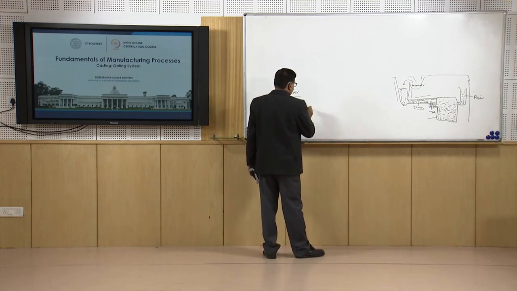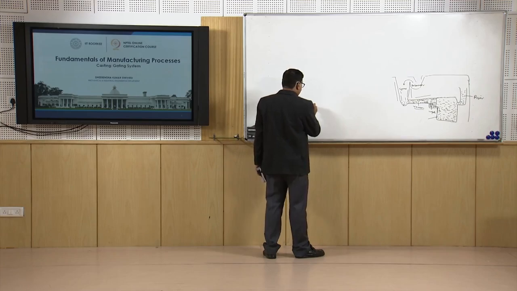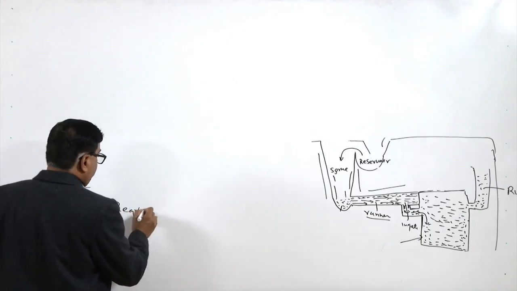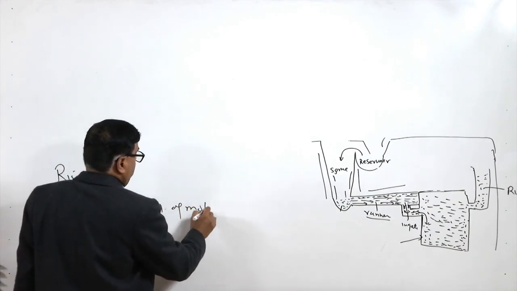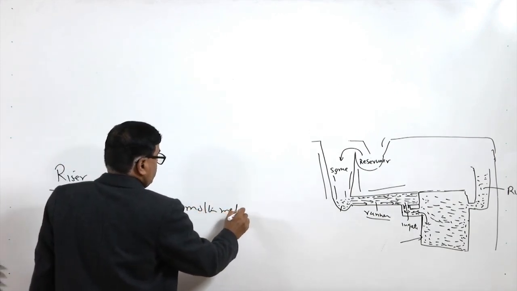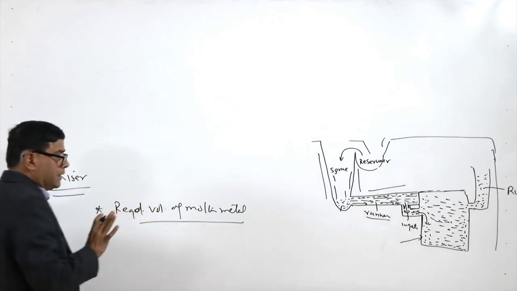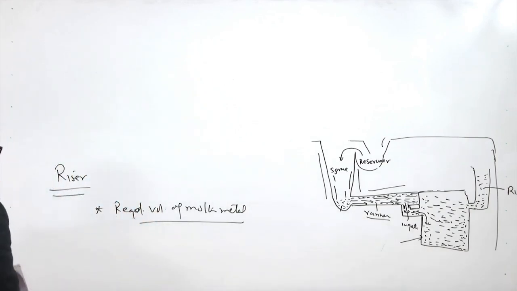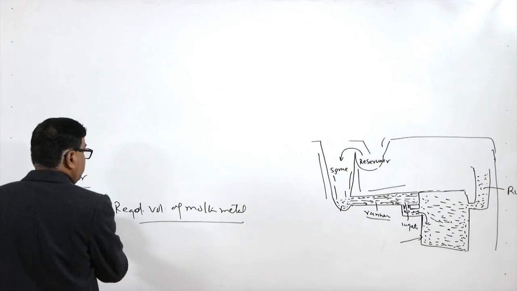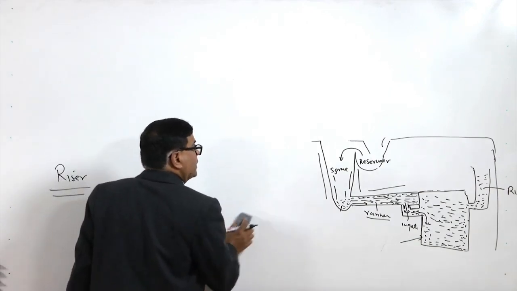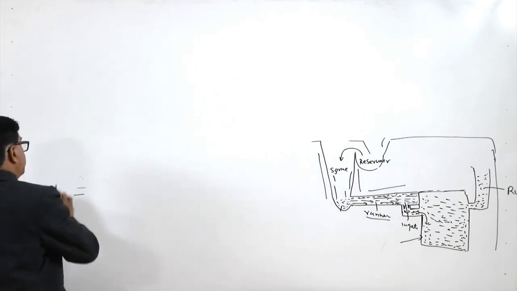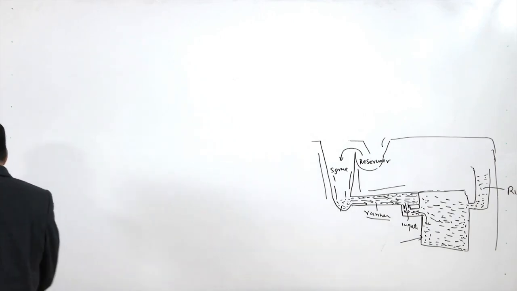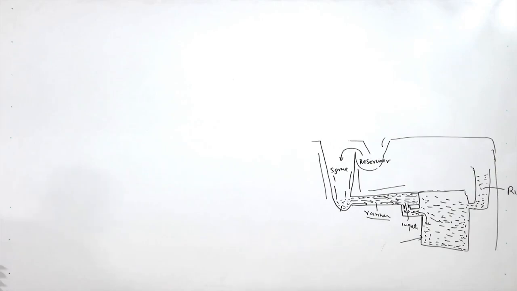And another important point is the riser should hold the required volume of the molten metal, so that whatever is the shrinkage, that can be compensated effectively. So, the volume of the molten metal in the riser needs to be obtained in light of the kind of shrinkage which is expected.